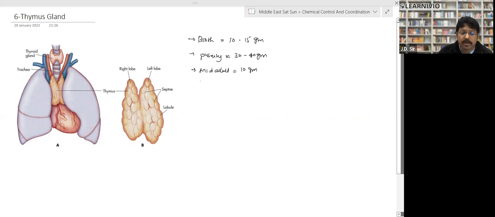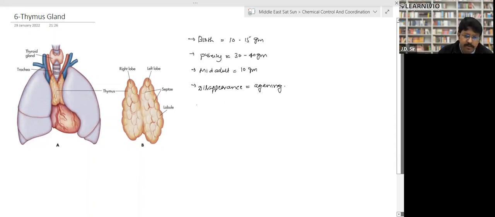Disappearance of this gland, this disappearance of thymus gland causes aging. Thymus gland causes aging. Full stop.